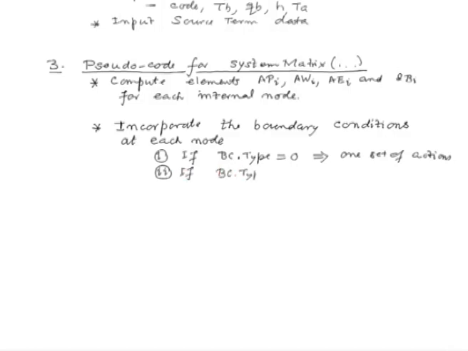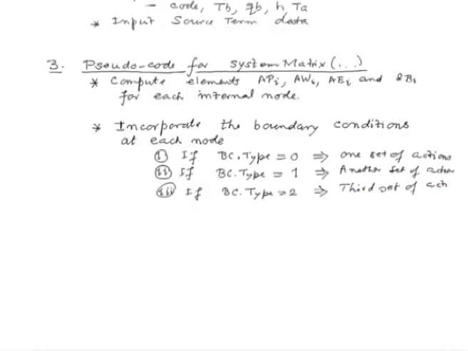If BC dot type is equal to 1, another set of actions, and third, if BC type is equal to 2, third set of actions.